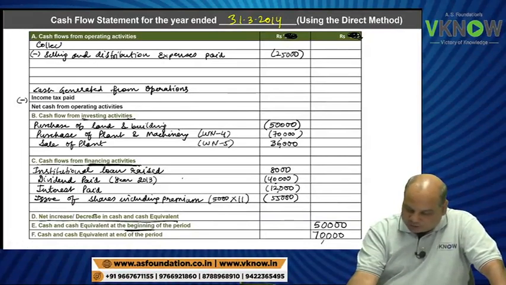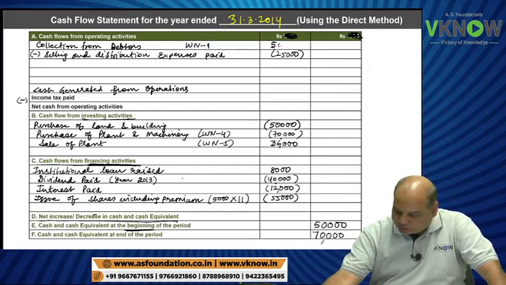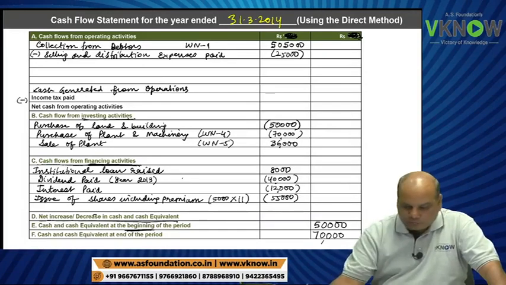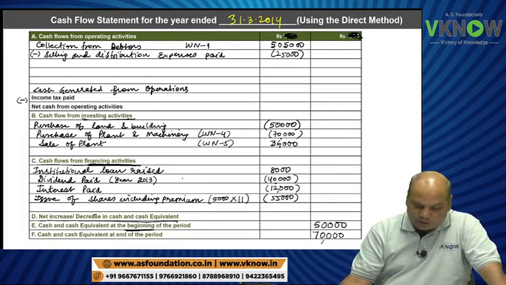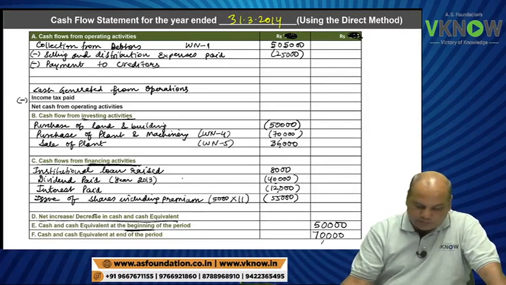Collection from debtor in main operating activity, working note 1, and the amount you write positive 5 lakh 5,000. In the same place you write down less payment to creditors.